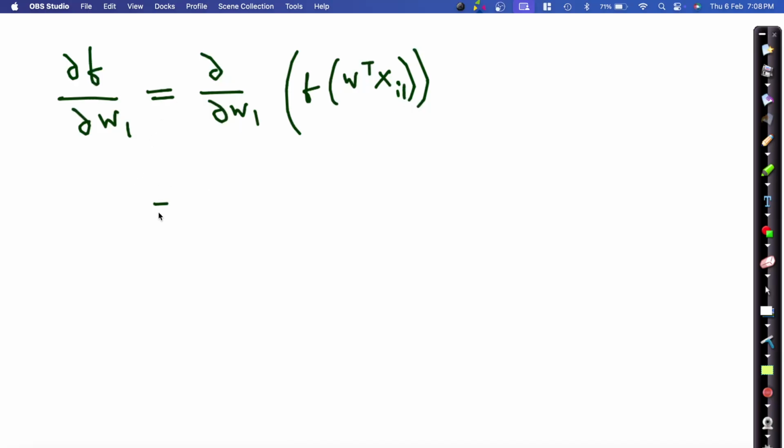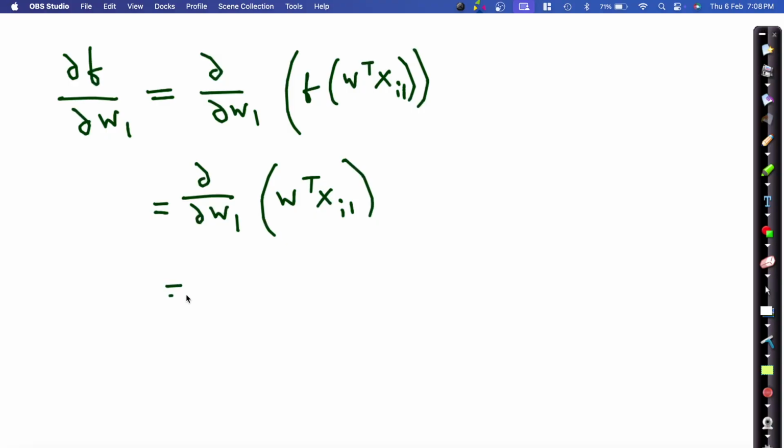Okay, so now what is the derivative of this? Here we have a w, but you see this is an identity function, right? So we can write it like this. Basically derivative of w transpose xi1, since f is an identity function in this case.